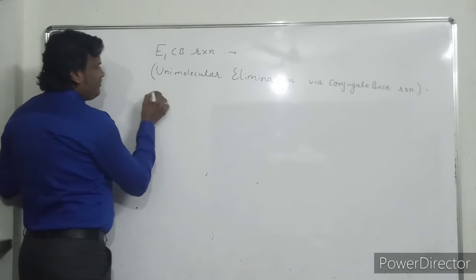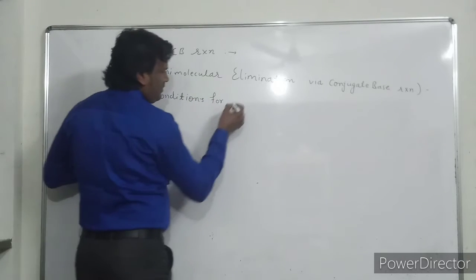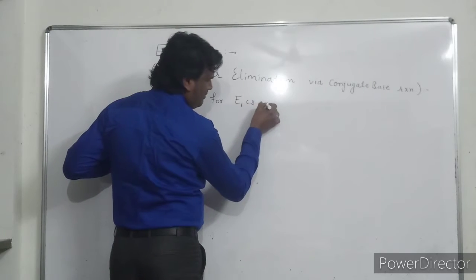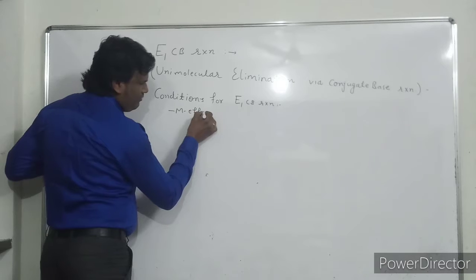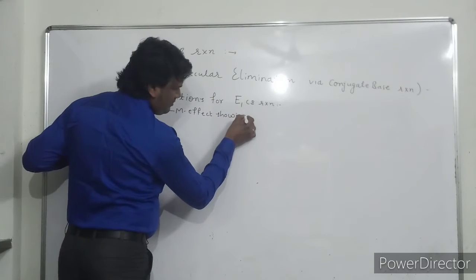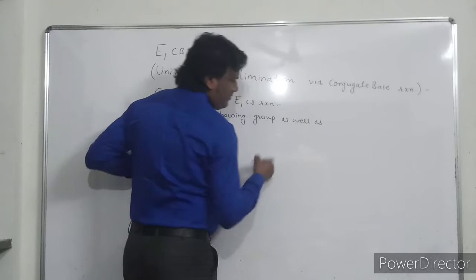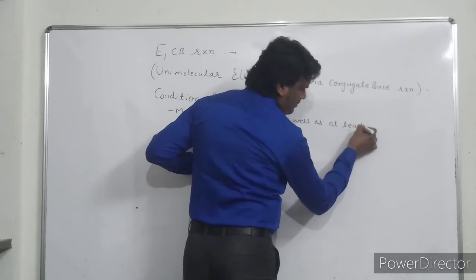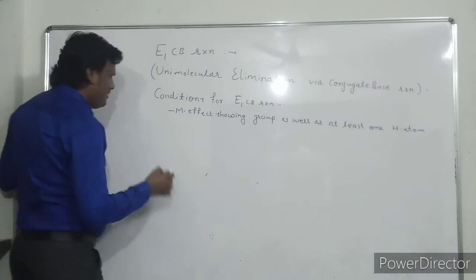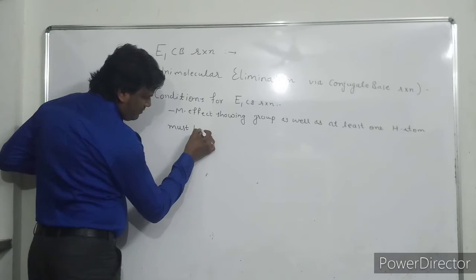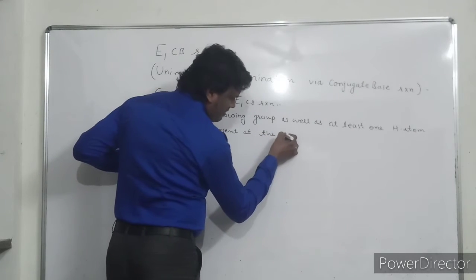Conditions for E1CB reaction. Write down the conditions for E1CB reaction. A minus M effect Z group as well as at least one H atom must be present at the same beta carbon atom.